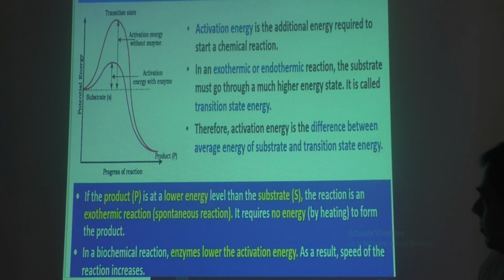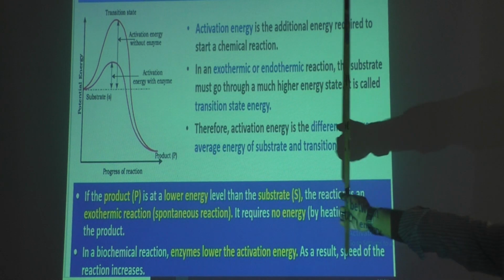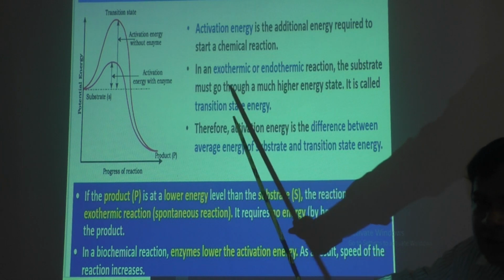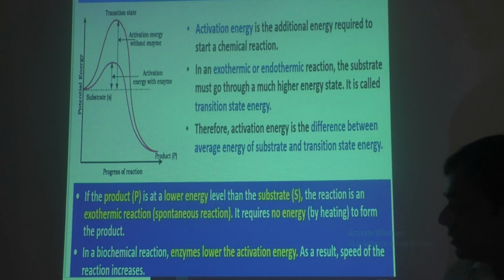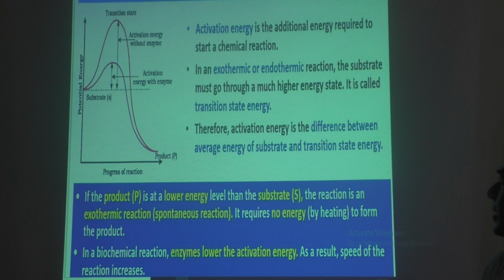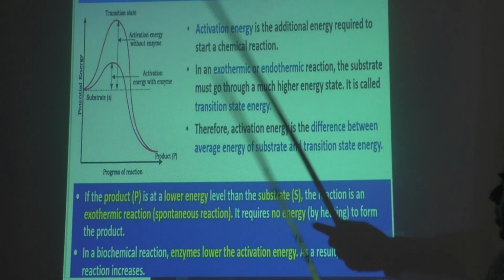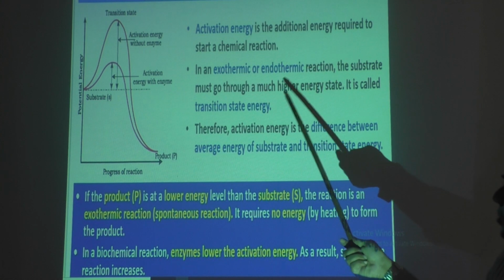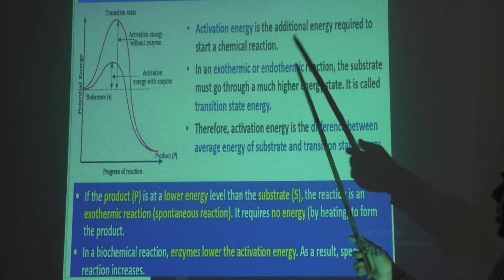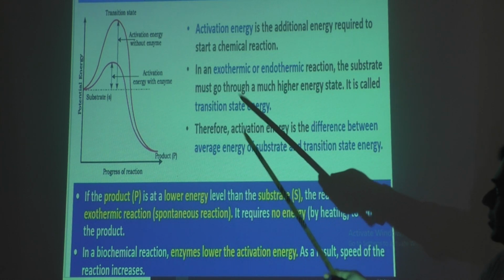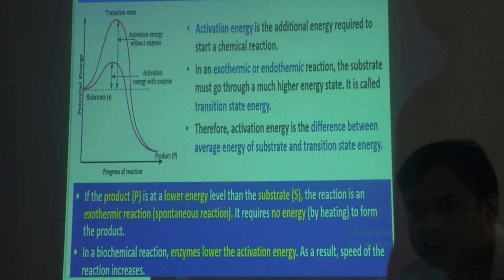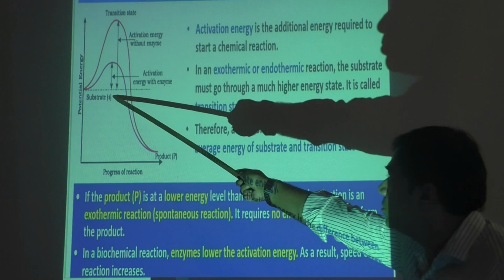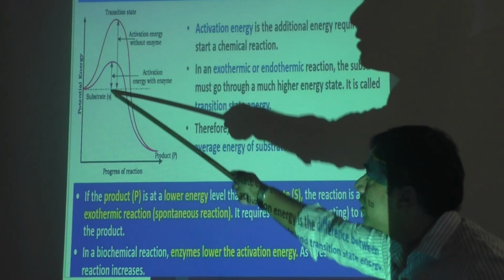What is the meaning? I'll repeat. Activation energy is the extra energy required to start the reaction. Once the reaction starts, heat is released or absorbed, then the substrate has to go through a much higher energy state. It is called transition state energy, where you can see in the center these black color lines.